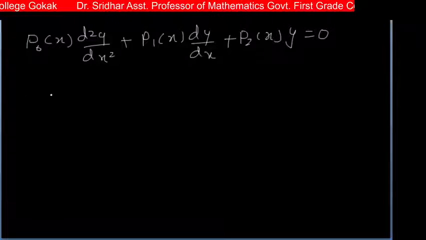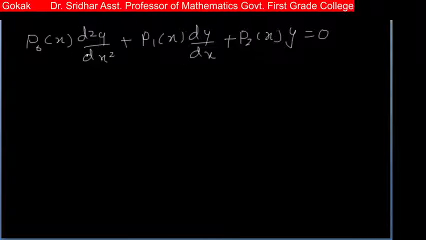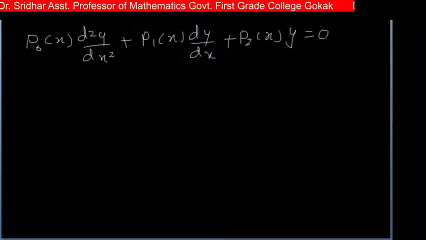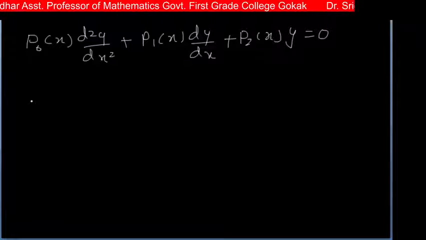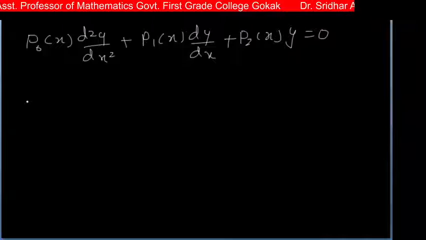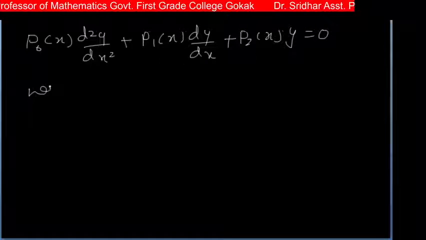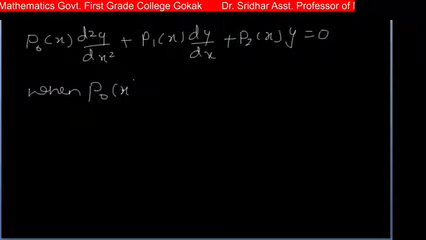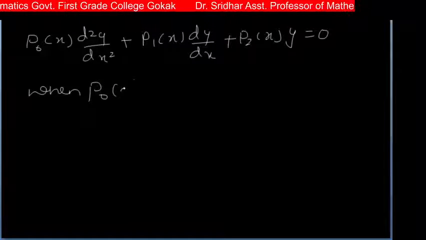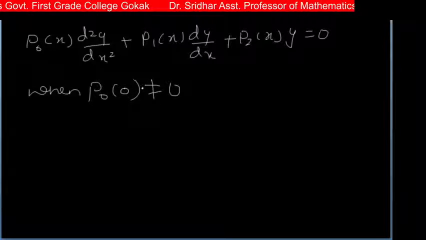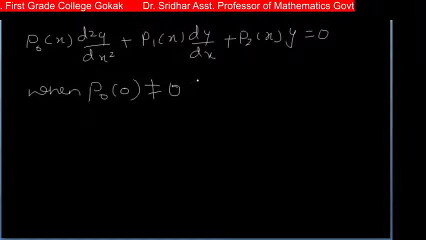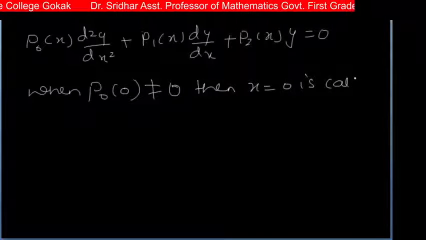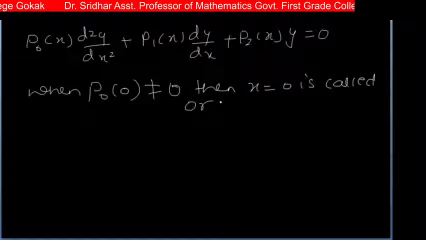In the last two classes we have seen the series solution of this equation when x equal to 0 is an ordinary point. When we say that x equal to 0 is an ordinary point, it is when p naught of 0 is not equal to 0. Then x equal to 0 is called an ordinary point.